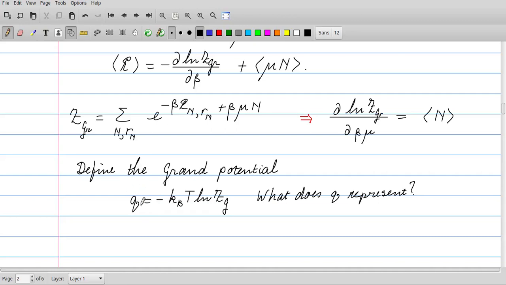We call it Omega. It's the grand potential. And a question, of course, is whether we can find a simple expression of Omega in terms of thermodynamic quantities. Like in the canonical ensemble, we had the free energy is the energy minus T times S, T times entropy. And so we will look into the meaning of this Omega.